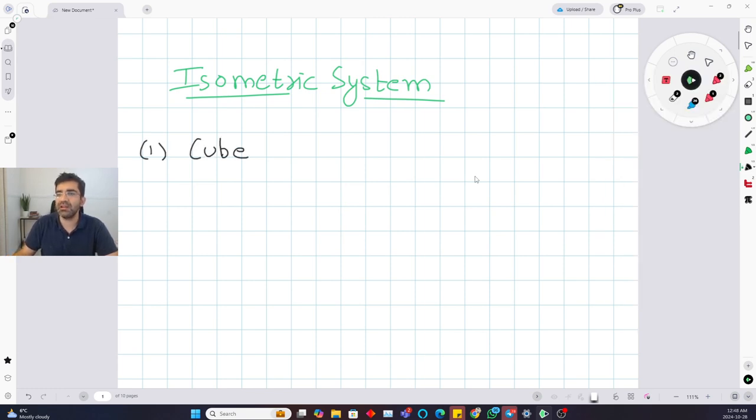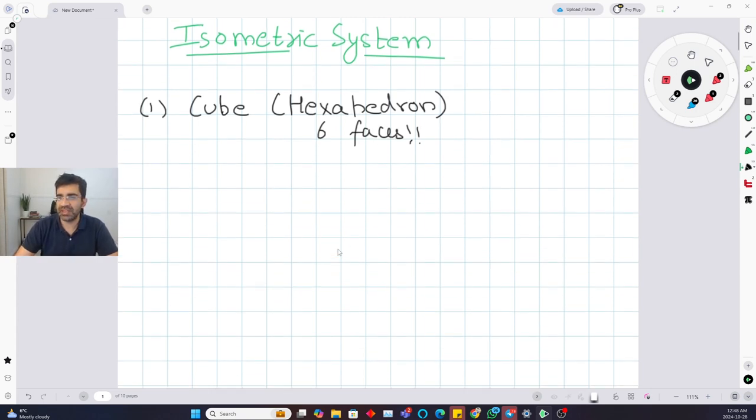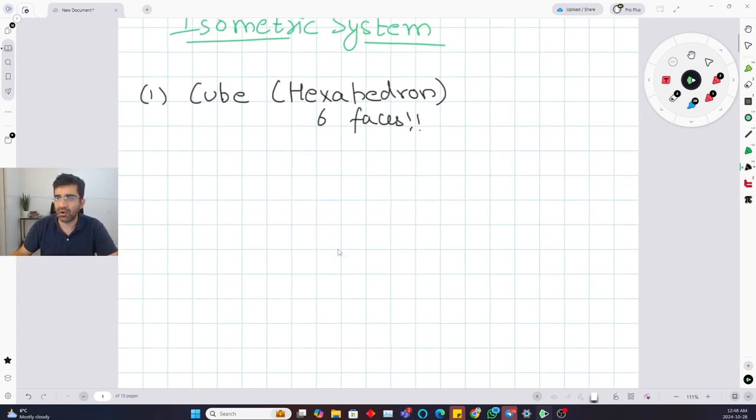Now the technical name for cube is hexahedron, which means a form with 6 faces. So how to draw this form? This is very easy. I think most of you can draw it even without me telling you the steps.